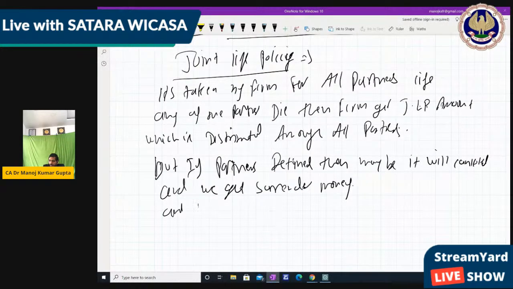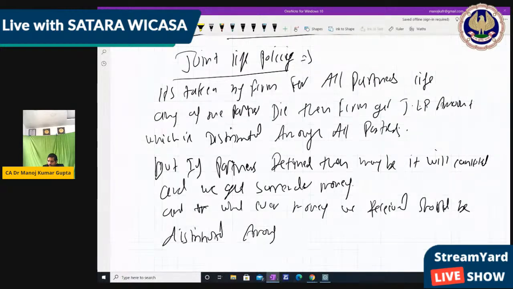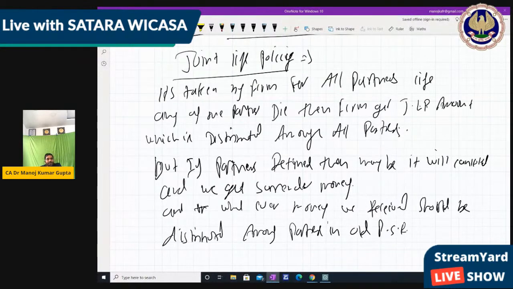And whatever money we receive should be distributed among partners in the old PSR, because it's an old policy.